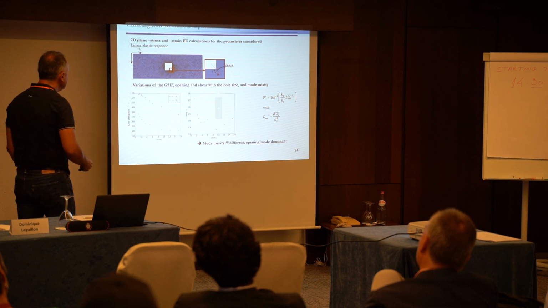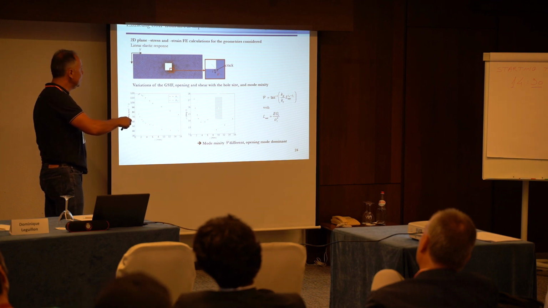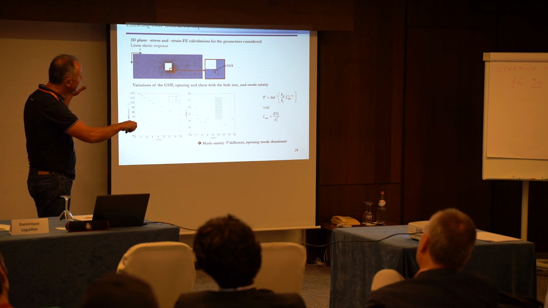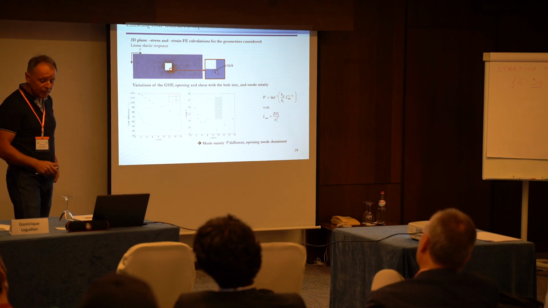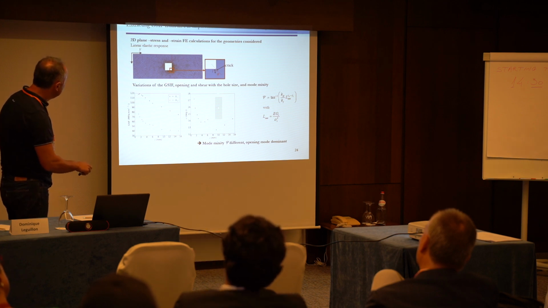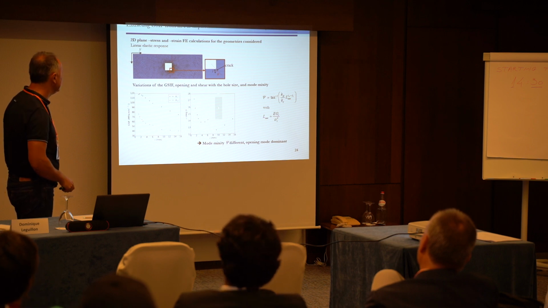Second calculation, we have seen that there might be the propagation of a crack, and then what is this corner feeling? This corner is feeling something that implies a little bit of tension and a little bit of bending. So having this changes a little bit the distribution of the generalized stress intensity factors K1 and K2, the proper exponent here, and a different variation with the hole size and a different mode mixity.